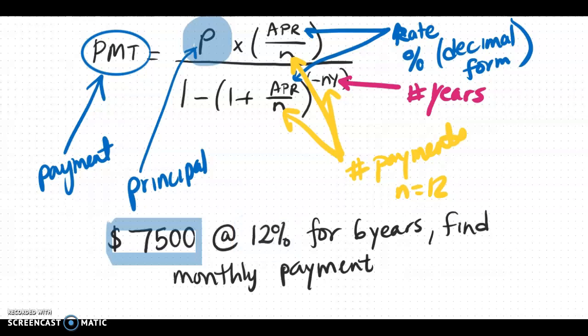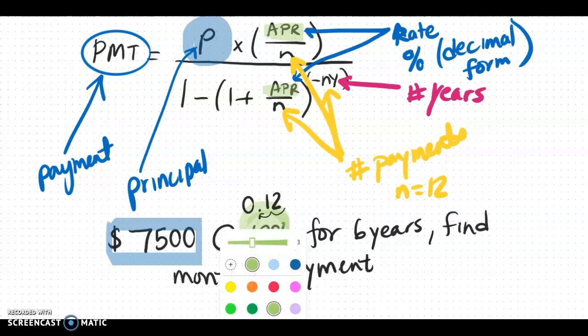So this 12% is the interest rate that you're going to pay for borrowing the money. That's going to go in place here, but I'm not going to write 12%. I'm going to change it to decimal form. I drop the percent sign and move the decimal 2 places to the left. Then I've got the number of years, which is 6, and that's going to go here.